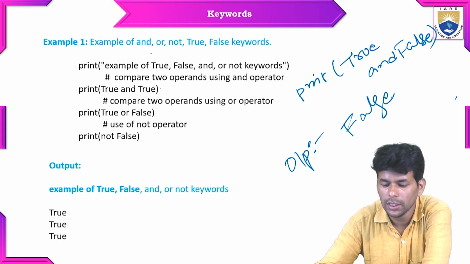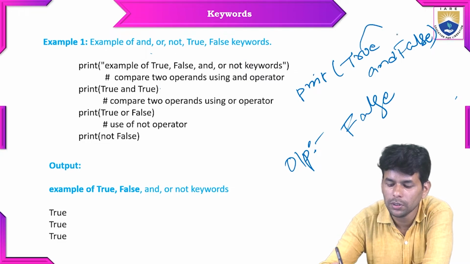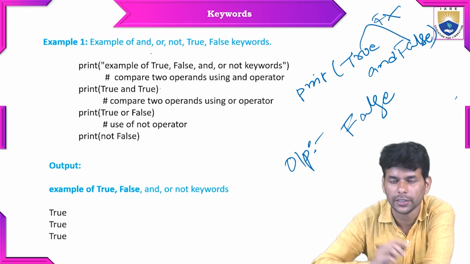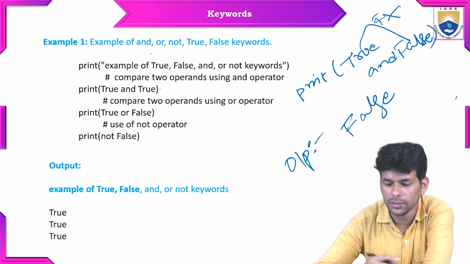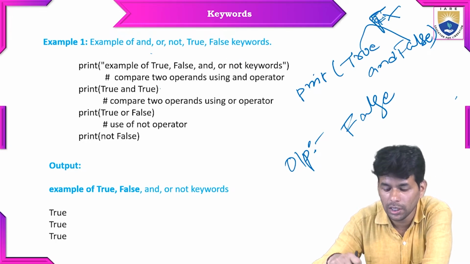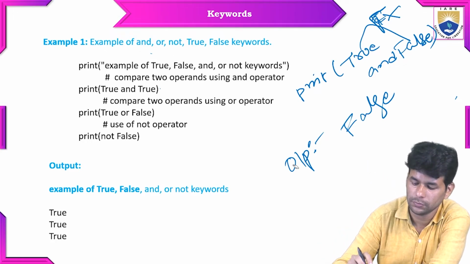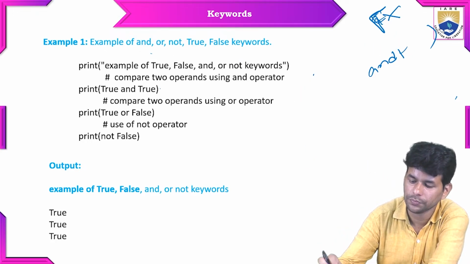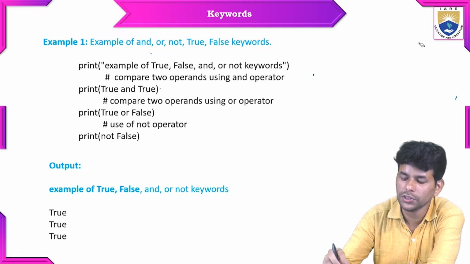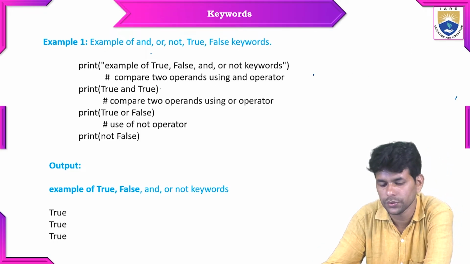Why is it false? What is AND? AND means both statements have to be true, but here it is not correct. This is the false one. If a false one exists, the output has to be false only. So this is about the keywords and, or, not, true, false.